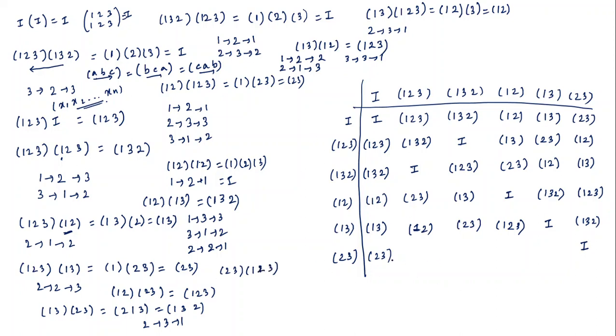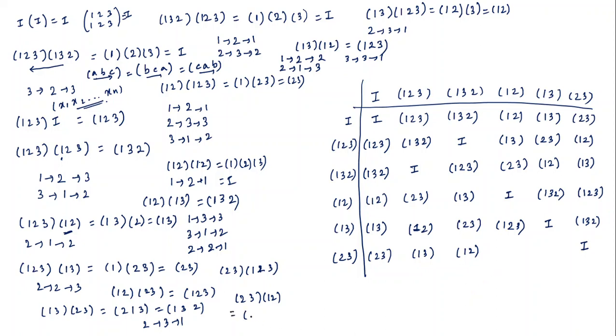So (2 3) operated with (1 2 3) will actually give you (1 3) and (2 3) operated with (1 3 2) will give you (1 2). You can find them out. You can do the calculations. You will find this itself. Now (2 3) operated with (1 2). We have to find what this is equal to. (2 3) when operated with (1 2).